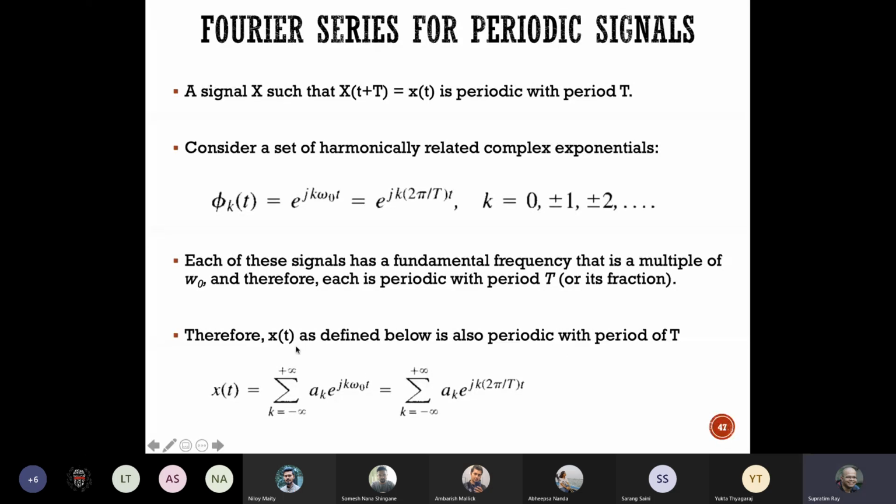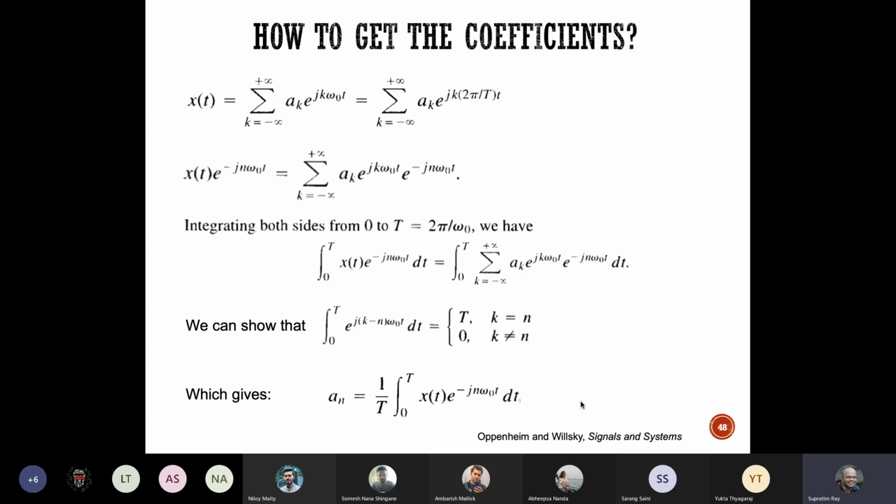Right now, the question is, if x is any periodic signal, can I find a bunch of a_k's such that x(t) is the sum of these? And the answer is yes. It's actually very straightforward. I say that x(t) is this.